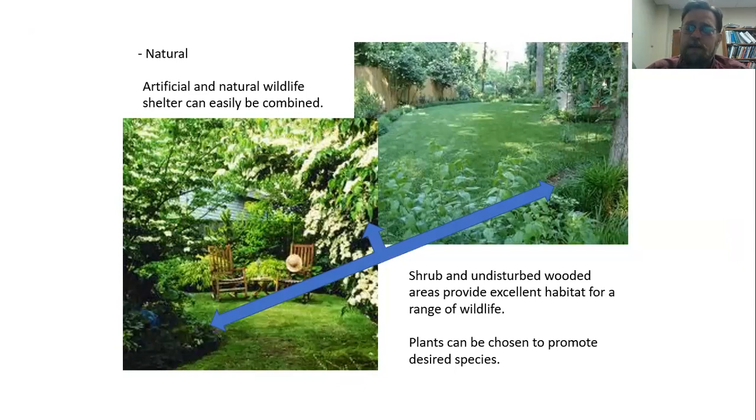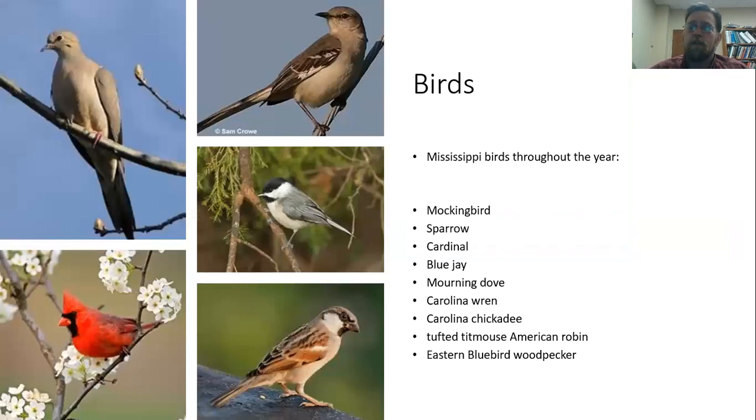But it's certainly possible to maintain both of those, to have both that artificial shelter and plenty of natural shelter for them as well. Having shrubs and sort of undisturbed areas provides really good habitat for a wide range of wildlife. And again, plants can be chosen to promote the species that you're looking for.